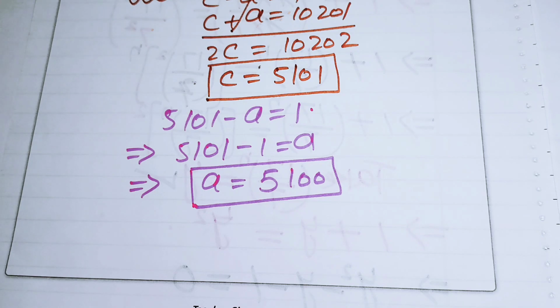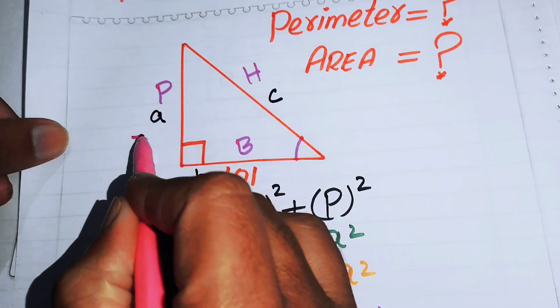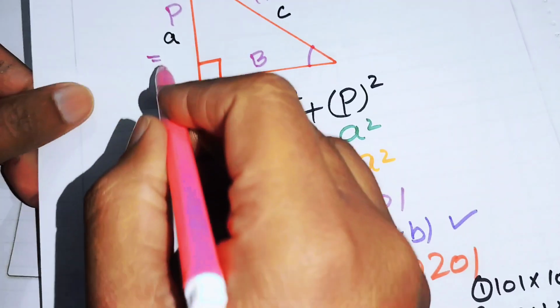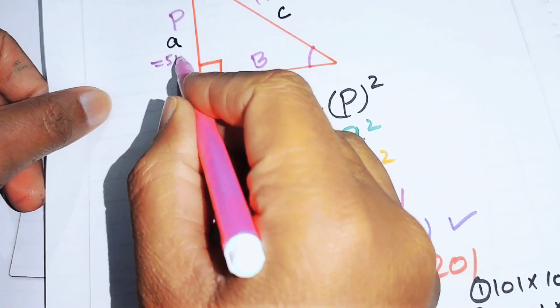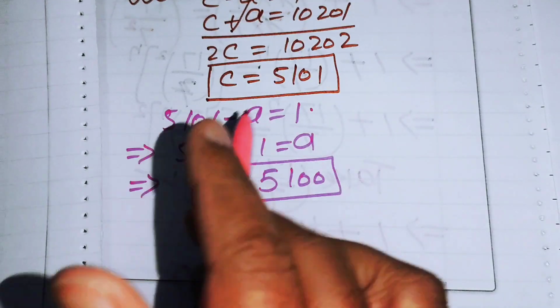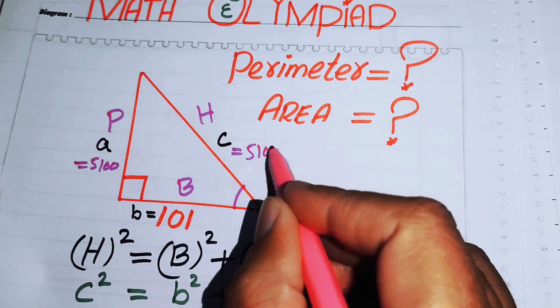So here we find all the values: a is 5,100, b is 101, and c is 5,101.